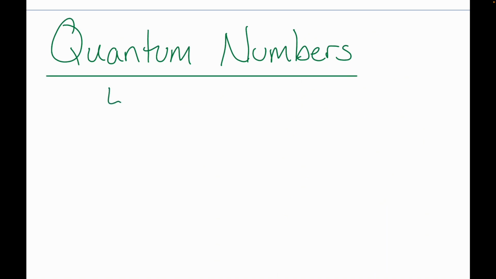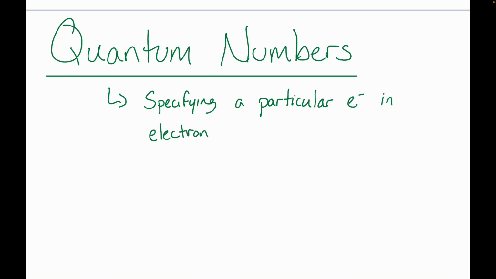Our quantum numbers are a way of specifying a particular electron in our electron configuration diagrams.